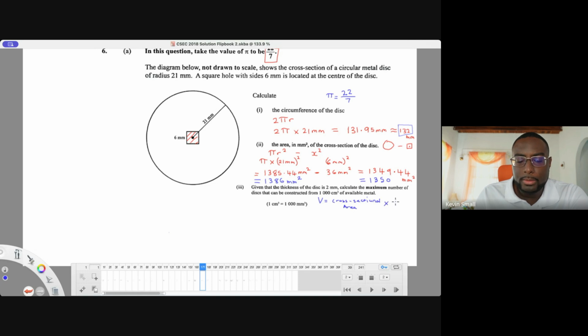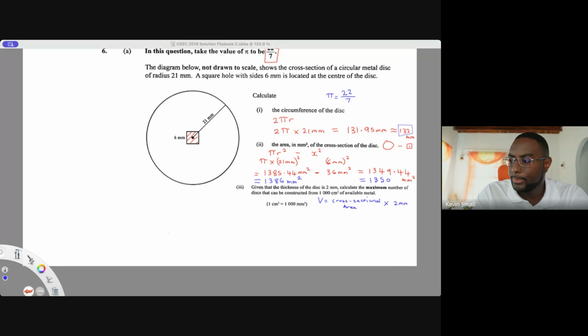So you would multiply by the 2 millimeters. Okay, that is how you work out volume. Now you need to work out the volume of one disc, and only then could you find out how many discs you can construct. Okay, so I'm hoping people can get this one out.